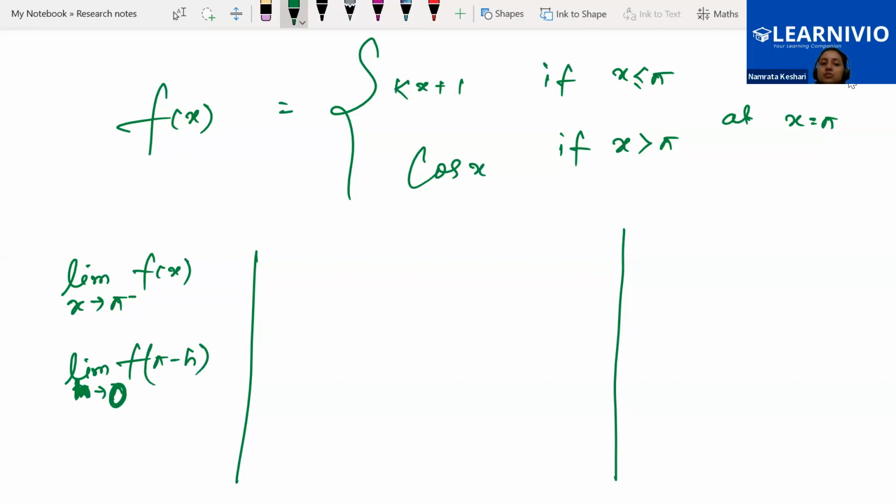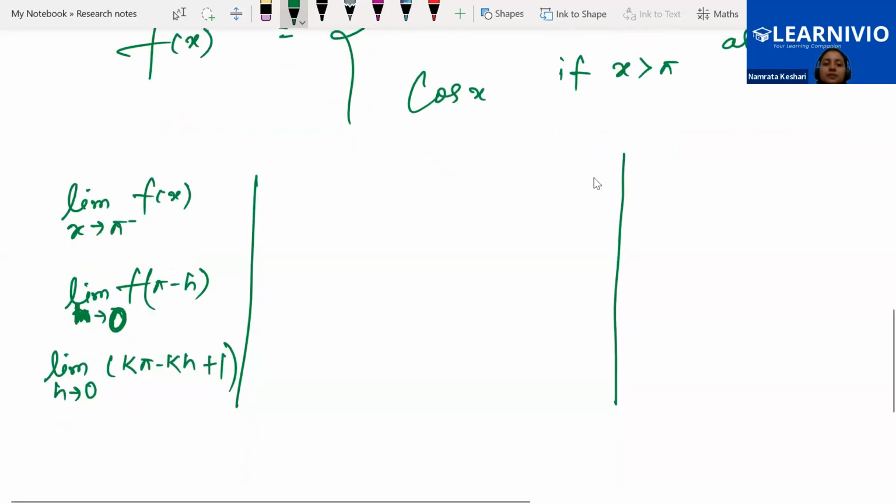Like, what is the function? What is it exactly? It is kx plus 1. So x is pi minus h. So k pi minus kh and then plus 1. Right? What are we going to get from here, Fatima?